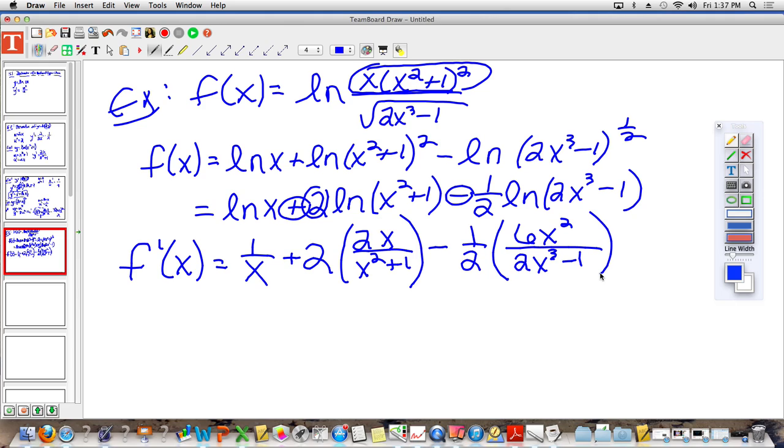Alright, is that it? I think up until now hasn't been too bad, but do you see where we've got lots of things going on now that can be simplified a whole bunch? So we've got 1 over x. What can I do here? Yep, we have 2 times 2x. That would make it 4x over x squared plus 1, minus.